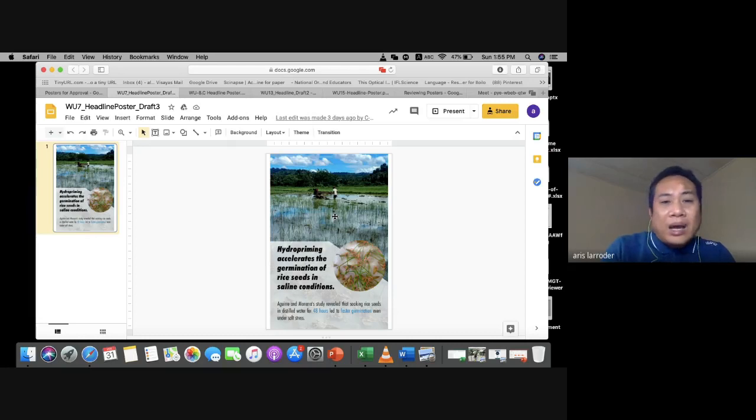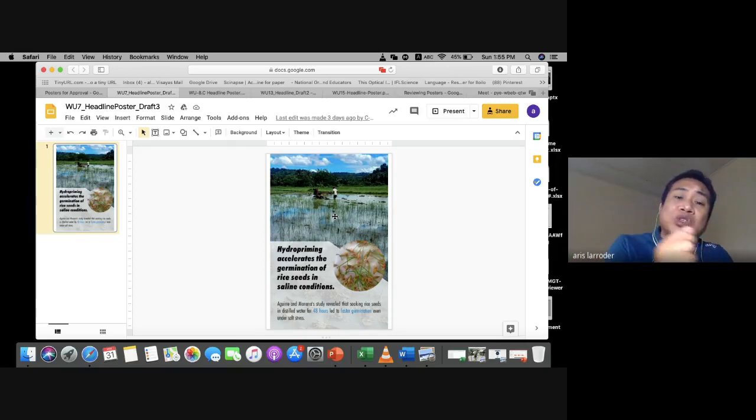Ayan. In this case, hydropriming accelerates the germination of rice seeds in saline conditions. So I think there is something more newsworthy if the headline focuses more on the changes of the hydropriming.